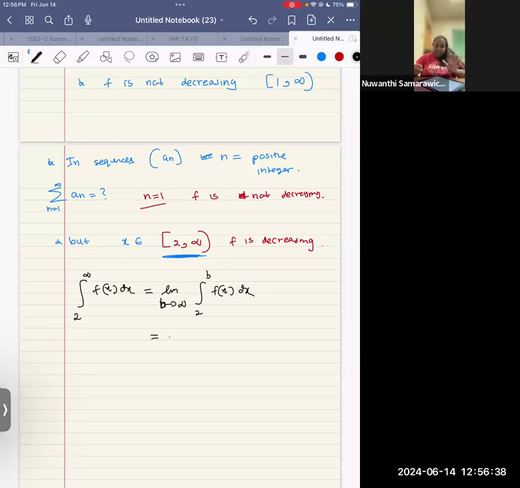I'm not using the integral test here. I'm just finding this integral, then I will explain why I'm using it. So let's just find the integral of 2x over 3x squared plus 4. What is the integral of this one?